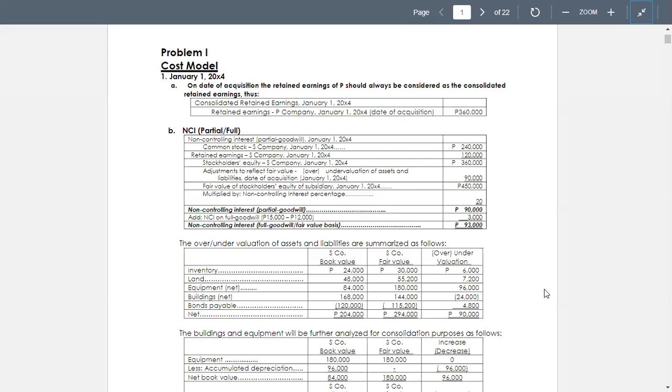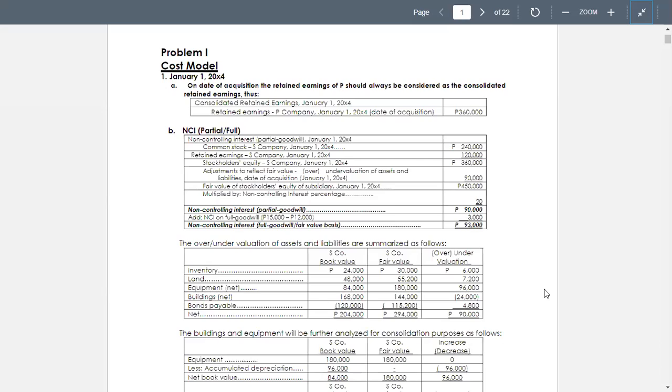We have to remember that only the retained earnings balance of the parent will remain, because the retained earnings balance of the subsidiary will be eliminated in your consolidated statements. Of course, you have to involve your elimination entries. So the retained earnings that will be used on January 1, 20x4 is that of the parent.